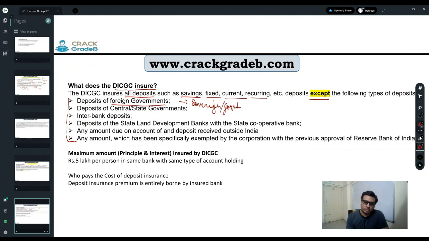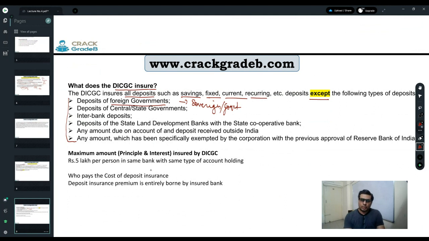Sovereign is a political term. It's used in political science to tell you about the power of government, right? So generally in economics we believe that government generally does not default, right? Government generally does not default.